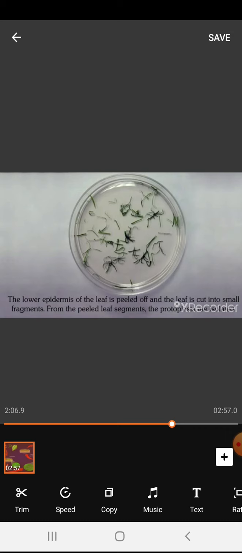The lower epidermis of the leaf is peeled off and the leaf is cut into small fragments. From the peeled leaf segments, the protoplasts are isolated.